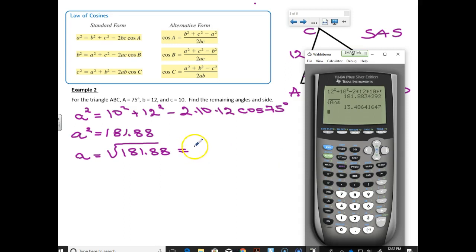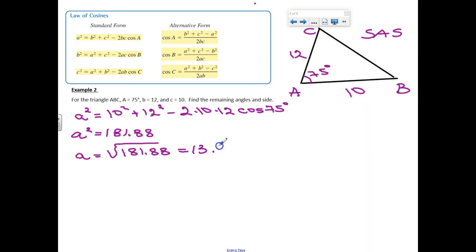I'm going to go ahead and round that. A is equal to 13.5. So we have now found this other side is 13.5. Next, I need to find the other two angles. As I said previously, you can use the law of cosine, but you don't have to.